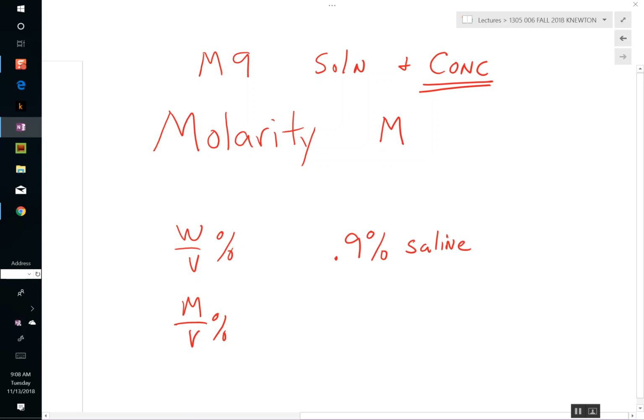Saline solution is not just any concentration of saline. It's 0.9% saline. And why is it that number? That is the concentration of salt in your bloodstream. So when you go to the hospital and get an IV, they will always start a saline IV first.